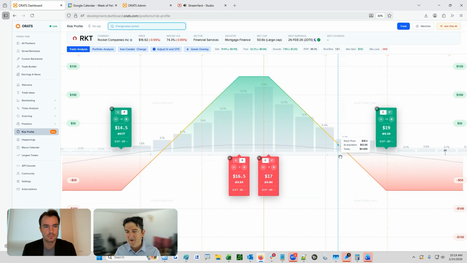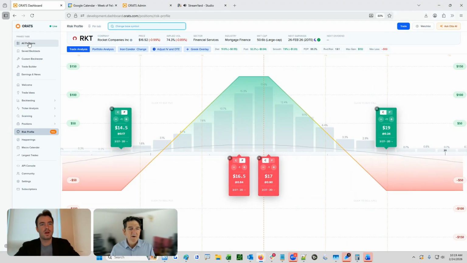That might be something you would be interested in. We could put that trade on as a paper trade. I kind of want to stick on the risk profile for a minute.